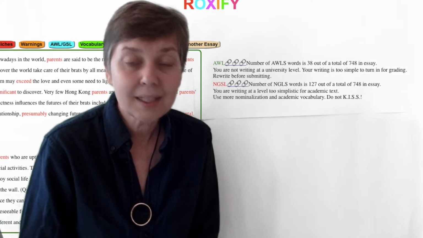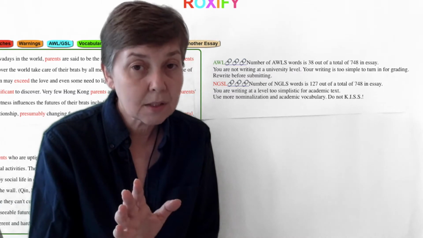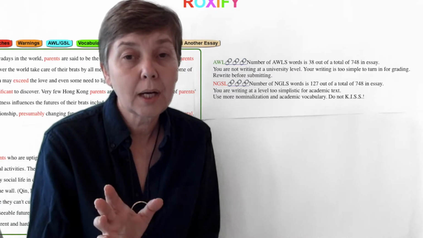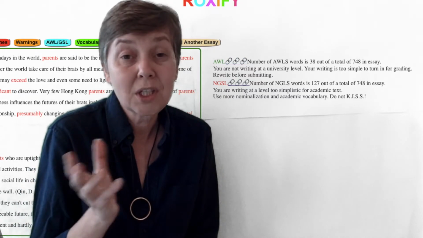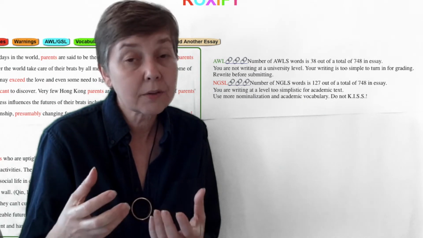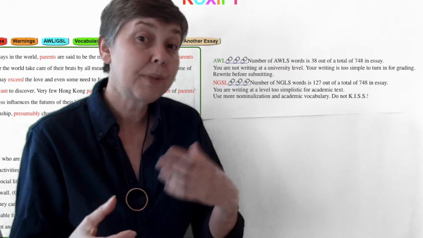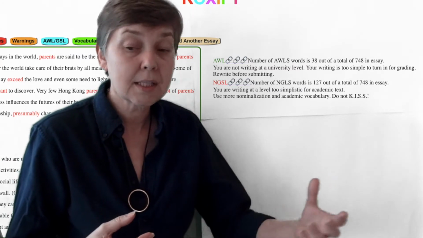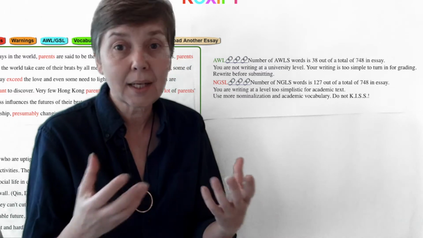Now these are highlighted in red, but it's not because they're wrong, it's just to make you aware that you're using rather simplistic language. A lot of times we don't realize it because it's very common language. And another thing that I've noticed is this kind of language is repeated very frequently throughout the text, so we might want to try and use some synonyms or replace it with more academic vocabulary.